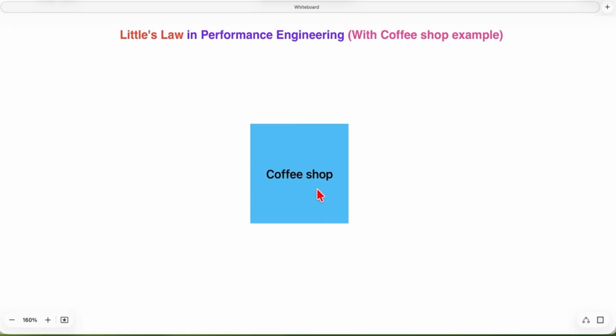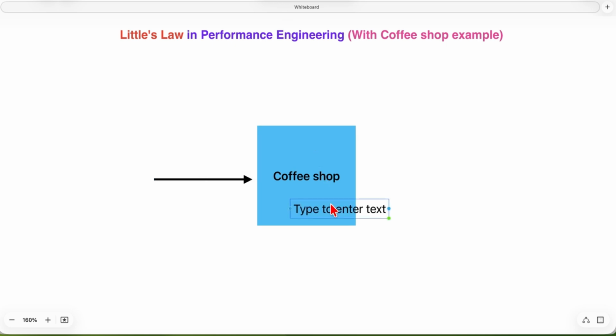Imagine there is a coffee shop and the arrival rate is 2.